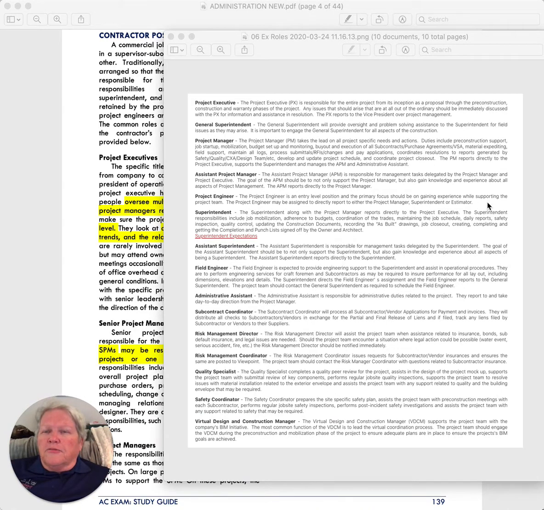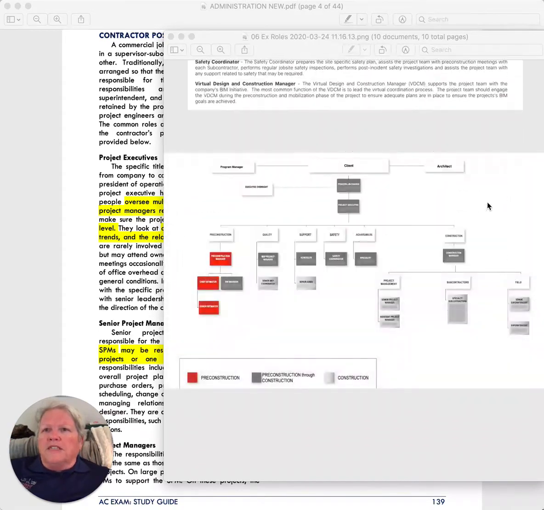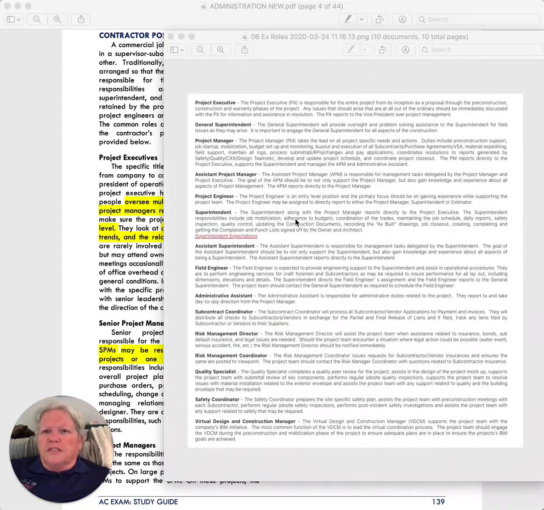Project engineer, which is probably what most of you will be starting as, is an entry-level position, and in this particular case you end up doing a lot of RFIs and submittal reviews and things of that nature. Superintendent, you know that they're responsible for the day-to-day management in the field. The assistant superintendent is one who works for the superintendent.